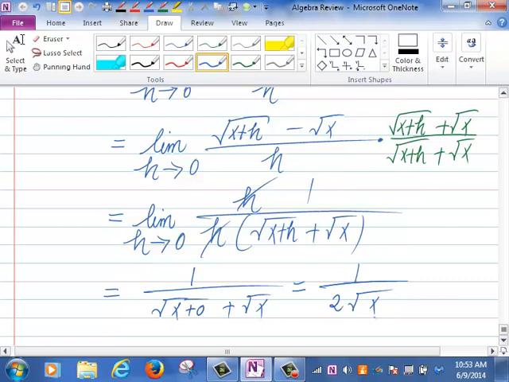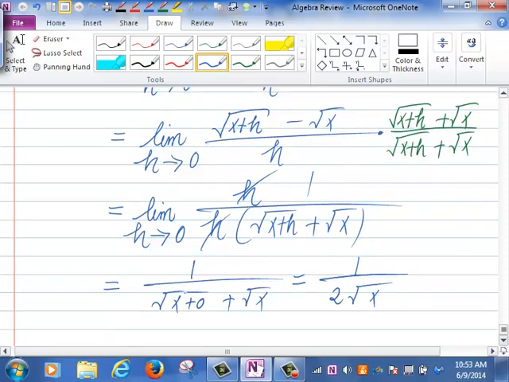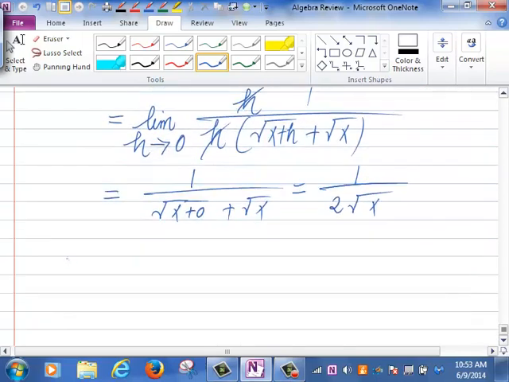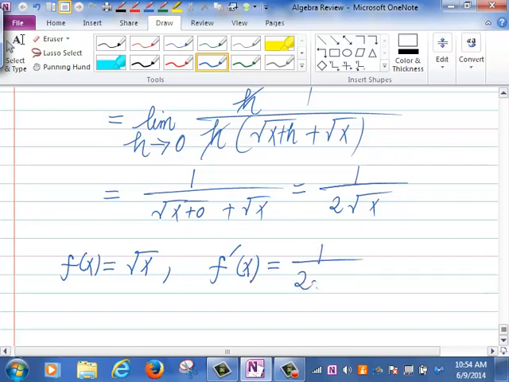Okay. So what we have found is that we started with the function f of x, which is root x, and we are saying that the derivative of the function at x is given by 1 over 2 root x.